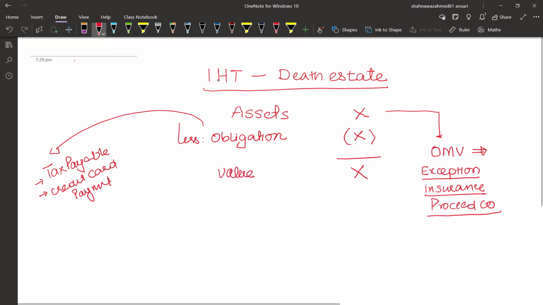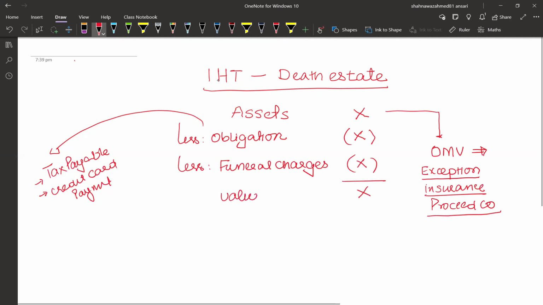Sometimes we need to deduct one more thing before this, and that is the funeral charges. These funeral charges are an allowable expense, provided that they are reasonable in nature.